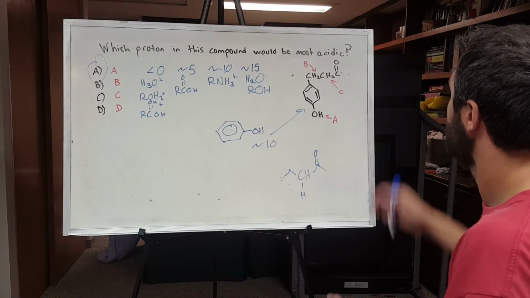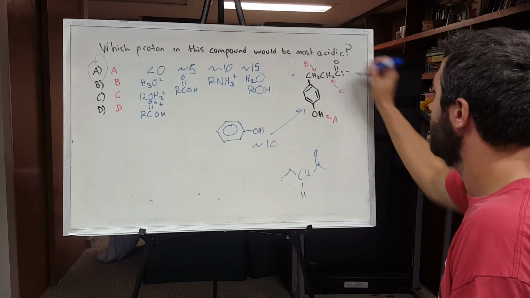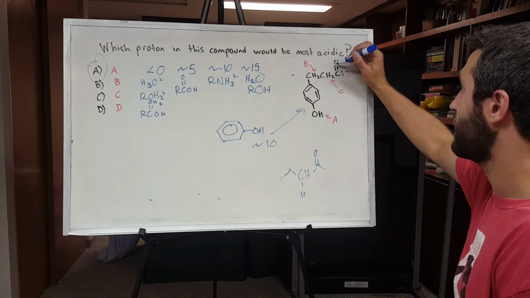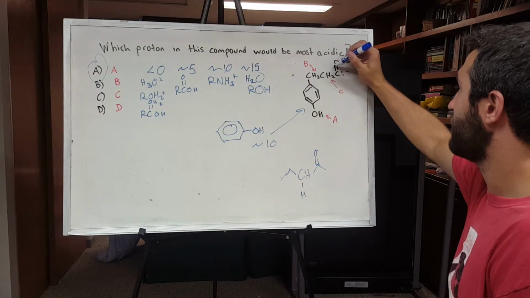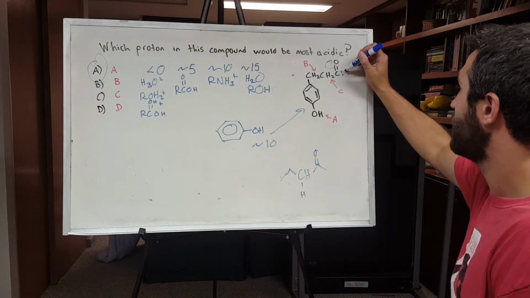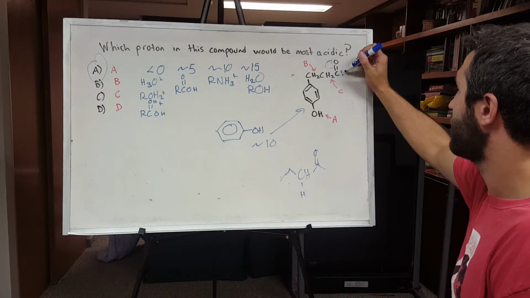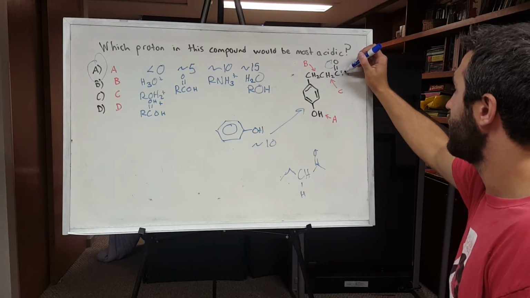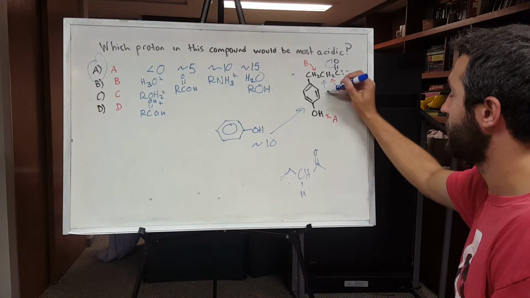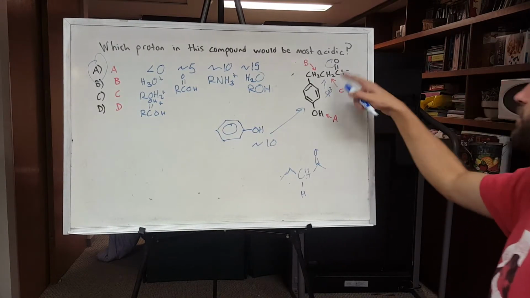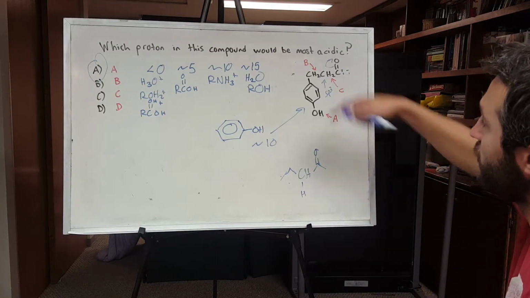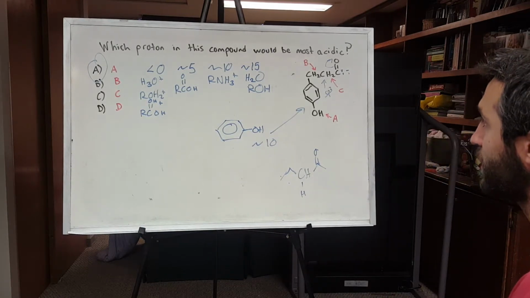So here's D. If we pop off that proton, we're left with a minus charge next to this group. We could put the minus charge on the O, but we couldn't form a double bond here because that's sp3. There's really no way to delocalize this minus charge away from the carbon.